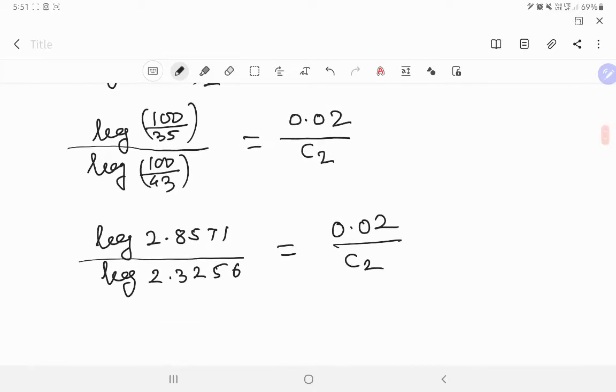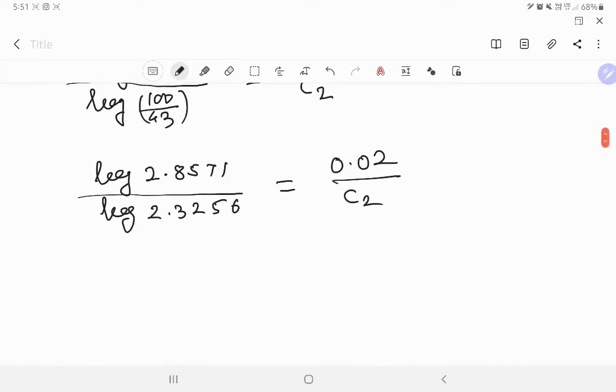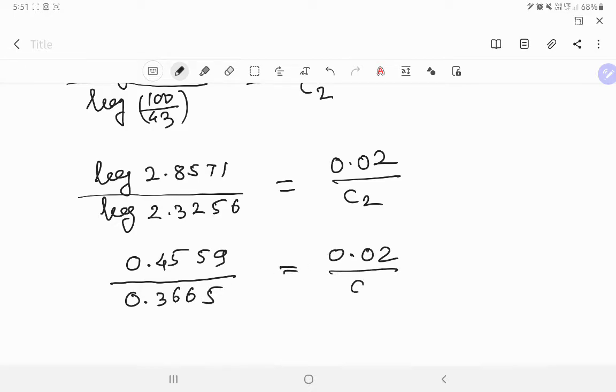Now take the log of these two values, log of 2.8572. You can determine this log on calculator as well as with the help of logarithmic table. It will be 0.4559 divided by 0.3665 is equal to 0.02 upon C2. Okay.